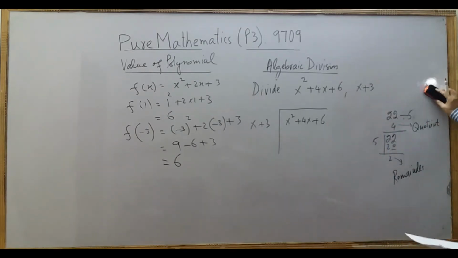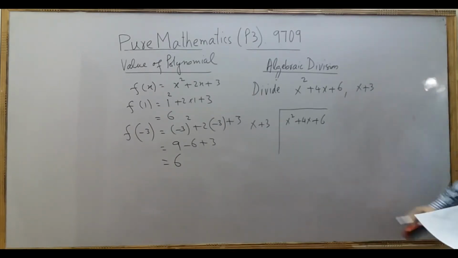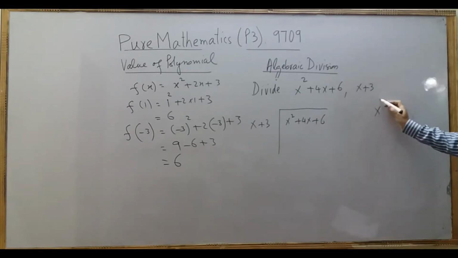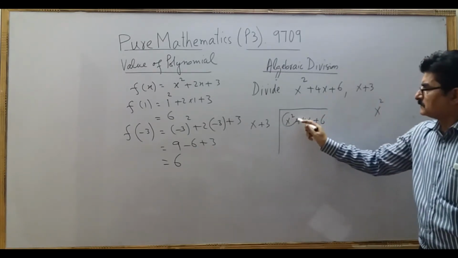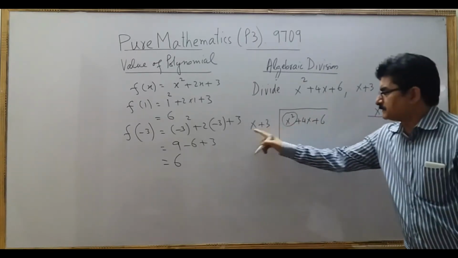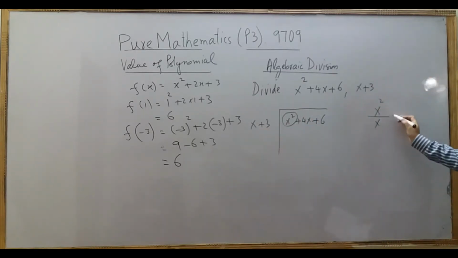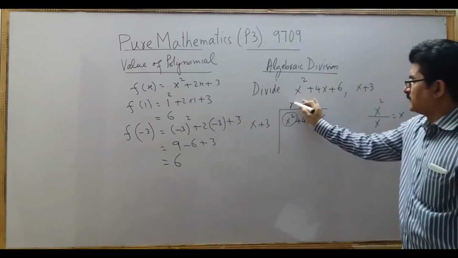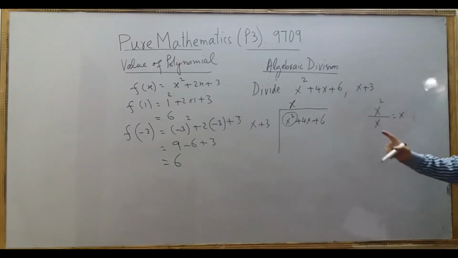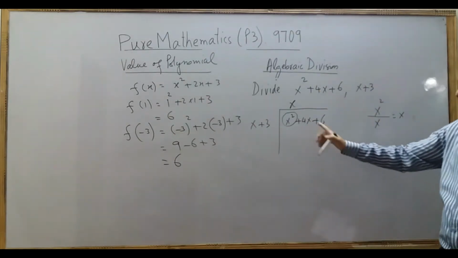The first step is, see first step, consider this term. Divide it by this term. You will get x. Write this x over here. Listen again. How will you start this division?